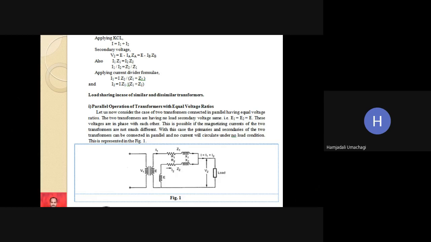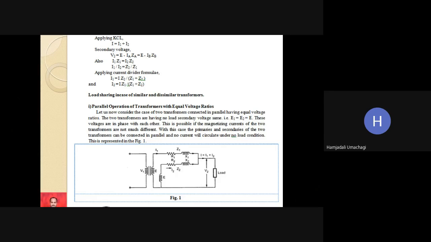Because at no load they will have the same induced EMF. If I call the first transformer's induced EMF E1 and the second transformer's induced EMF E2, then at no load both have the same voltages, E1 equals E2, which is equal to E. Because of that, we have taken the notation E for both E1 and E2. Both voltages are in phase with each other.